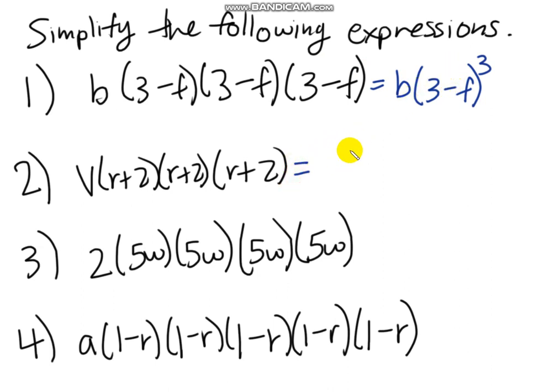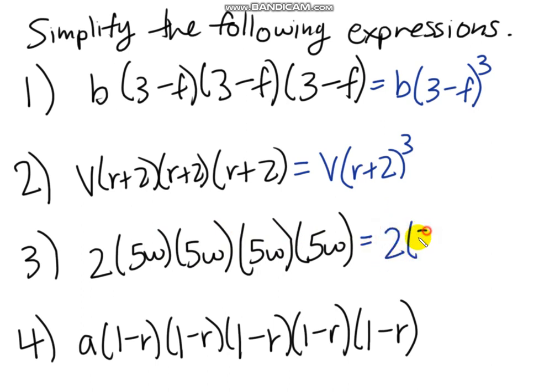Okay, this one, so we have v times r plus 2 times r plus 2 times r plus 2. We have this factor 3 different times, so this is v times r plus 2 cubed. So it's multiplied 3 times. That's why you have a cube. Okay, this one. So if you look at this, 5w is there 4 times.